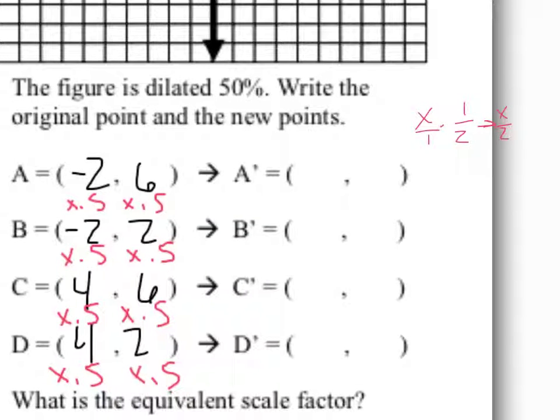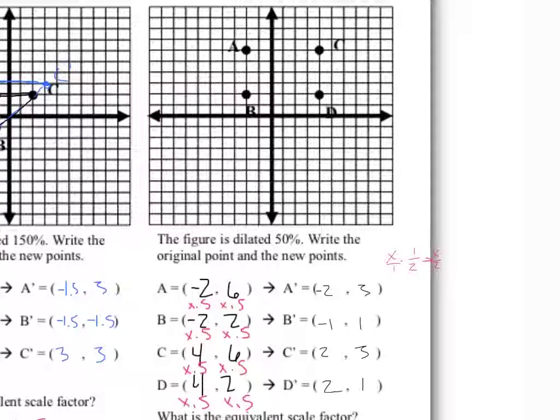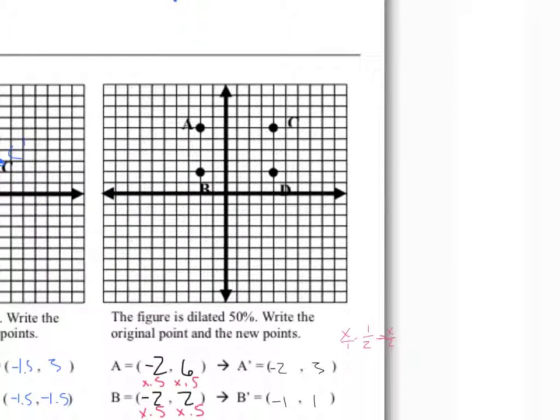Alright, so multiplying by 1/2, now I'm really just dividing by 2. That makes this really quick. And I'm going to graph my new shape. -2, 3.